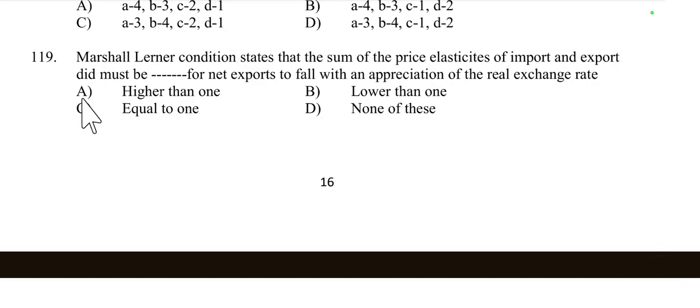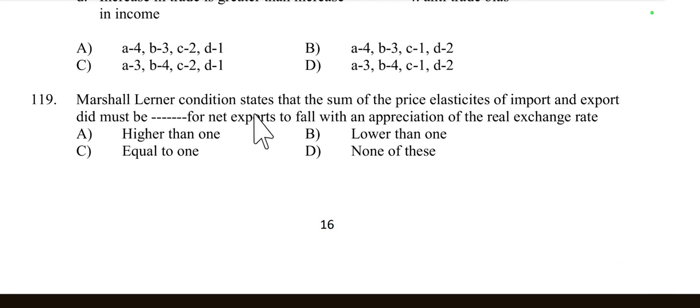Question number 119. Marshall-Lerner condition states that the sum of the price elasticities of import and export must be dash for net export to fall with an appreciation of the real exchange rate. Higher than 1, lower than 1, equal to 1, or none of this. It is higher than 1.